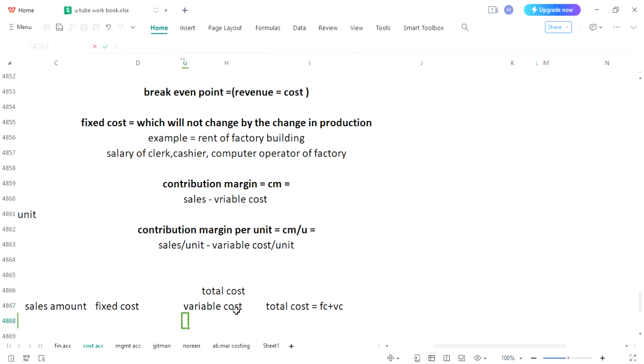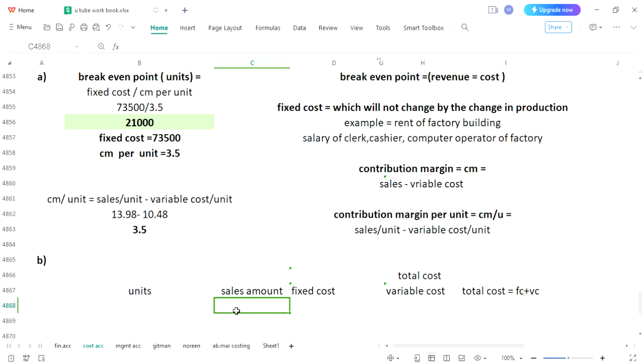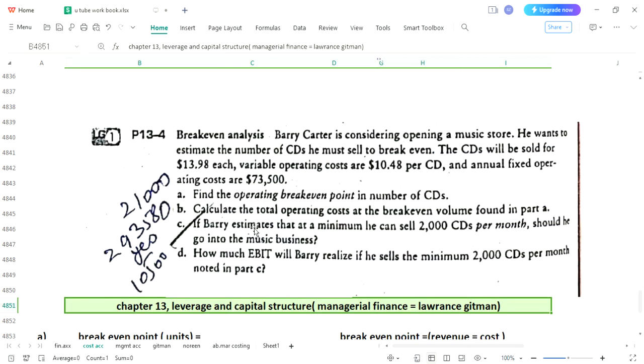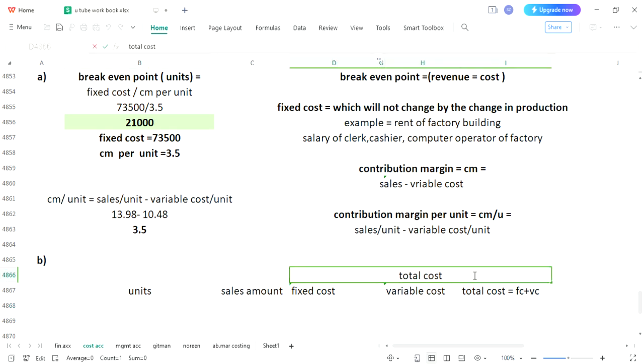So guys, we have completed our procedure to calculate total operating cost. Come over here. What is required? Calculate total operating cost. This is your total operating cost. Now sales amount is not required. You may calculate or you may not calculate. It's up to you.